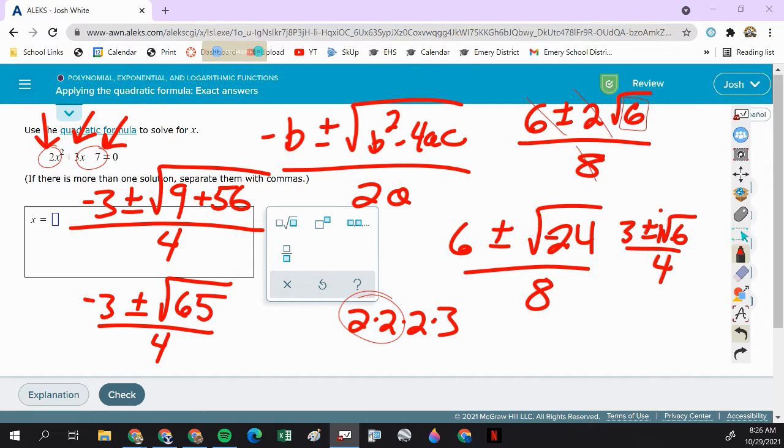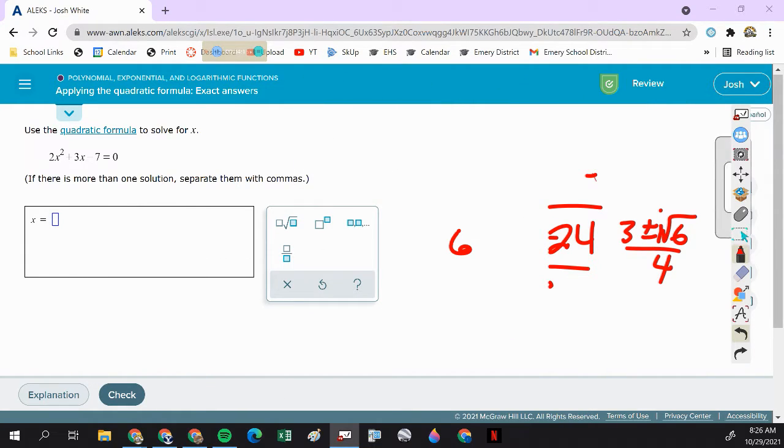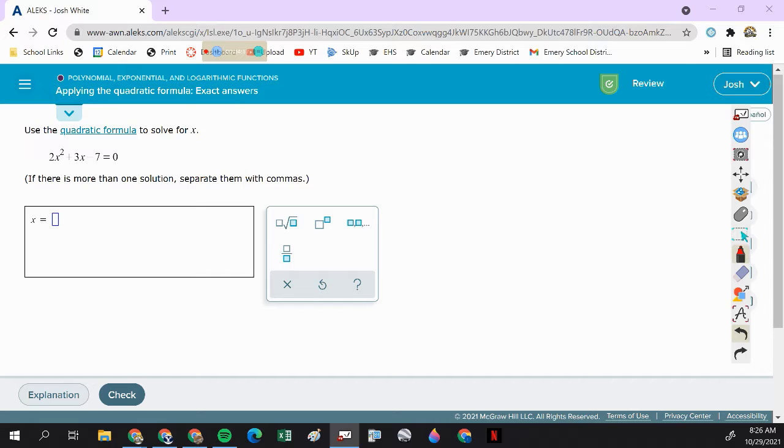Okay, you guys remember quadratic formula? All right. And it says exact answers. And it says separate with commas. So you'd have to do, whatever your answer is, like 4 minus root 3 over 7, and then 4 plus root 3 over 7.